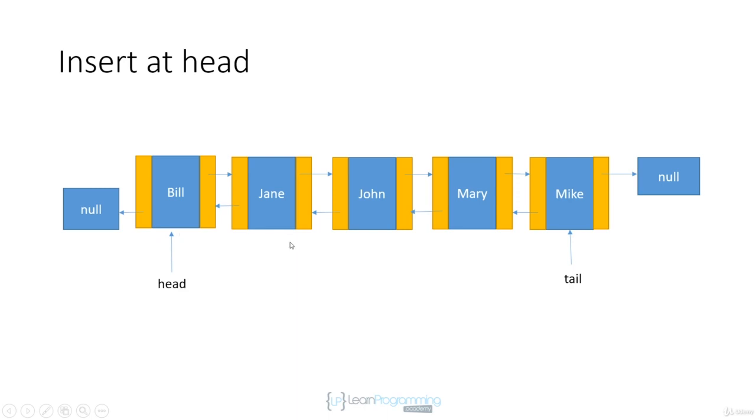We go through the same steps if we were to insert Bill somewhere else. In that case, we'd have more references to update, but we'd go through a bunch of similar steps. We basically would have to set Bill's previous and next, and then we'd have to update the next field of the node in front and the previous field of the node that comes after the one we inserted.